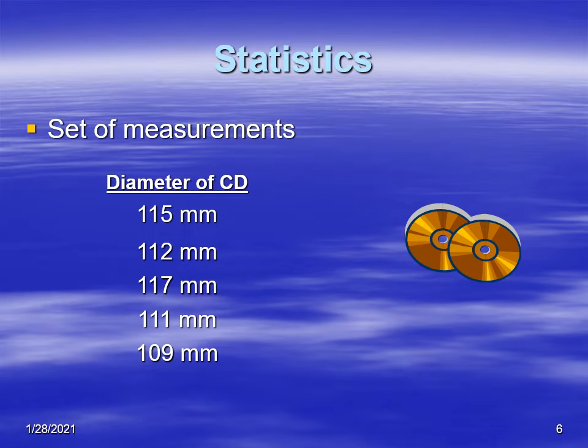As an example, let's say that we have CDs, compact discs, that we measure the diameter. And we had 5 people measure diameters of the CDs, and they came up with 5 different numbers, as you can see here.